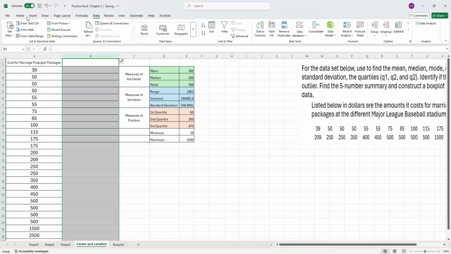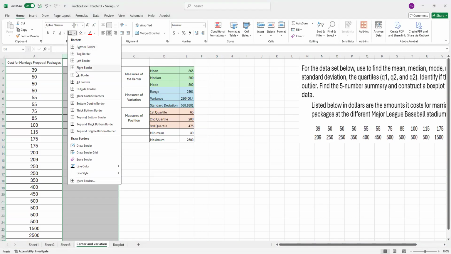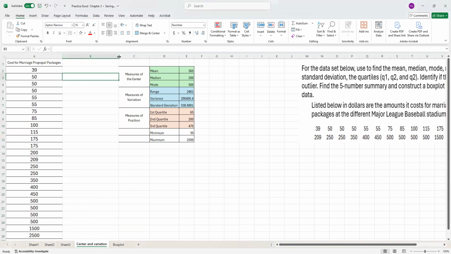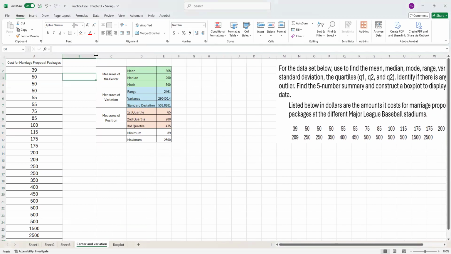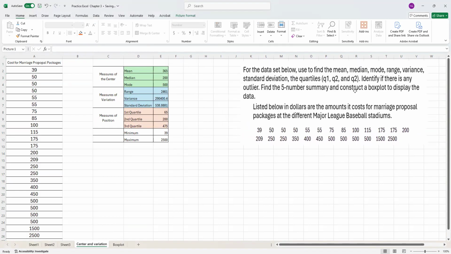But there are different ways we can go ahead and do it without typing the formulas. We can try that. What I can show you, because the next question they ask us, after the quartiles, is to identify any outliers and find the five number summary.